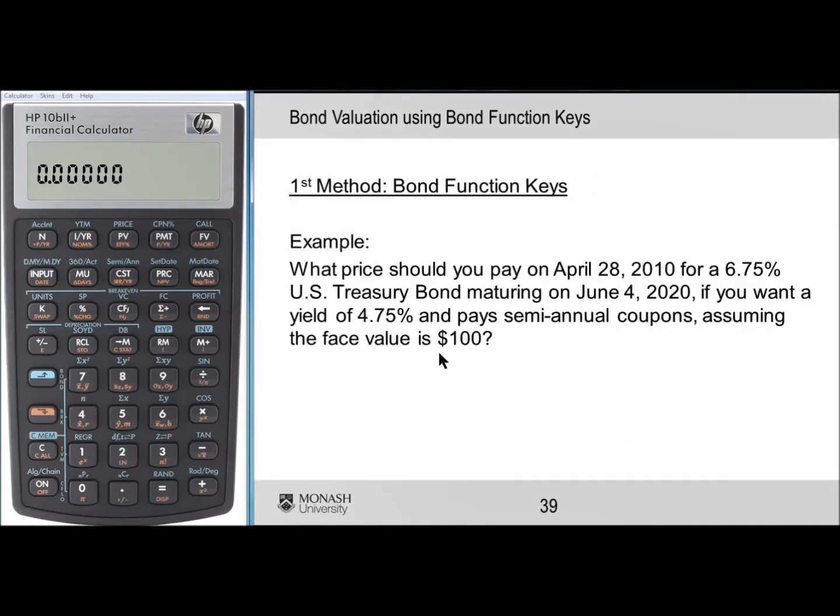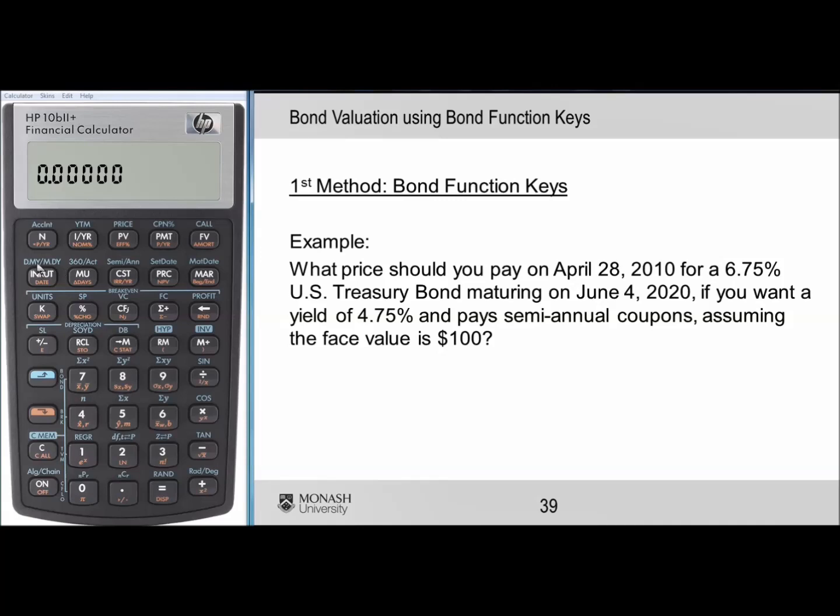First method, using bond functions. Before we go through this example, I would like to briefly bring you through the bond function keys in our calculator. In the first row, blue functions, we have the accrued interest, yield to maturity, price of the bond, coupon rate, and the call value, which is also the face value.